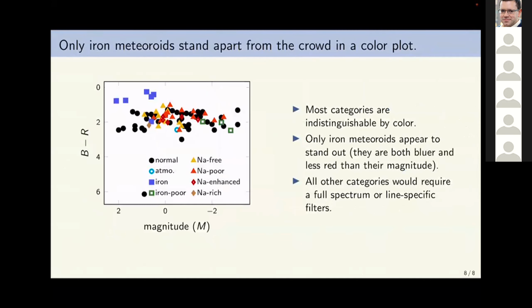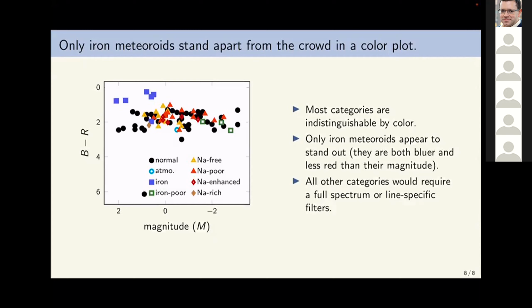And then when you do that, you get this following scatter plot. So now there's a bunch of different colors you can produce. What I've selected here is B minus R, blue minus red, as a function of peak meteor magnitude. The different color coding within the plot shows you the different spectral classifications.